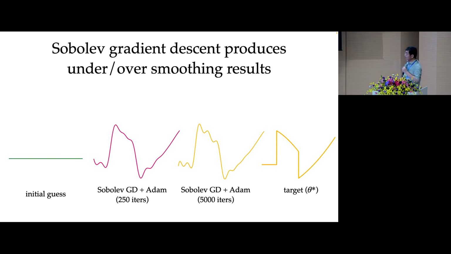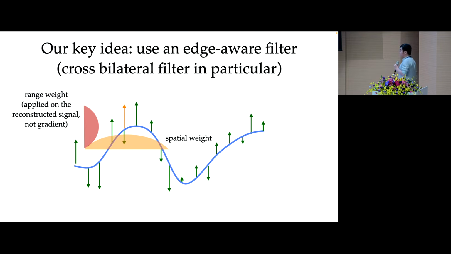But if you actually try this on our signal, you'll see ringing artifacts because it over-smooths over the sharp corners of our target. So it is spatially smooth, but not spatially smooth everywhere. That's a problem: you either under-smooth or over-smooth the results. Our twist to this very classical optimization algorithm is that we instead use an edge-aware filter. These are filters that not only have a spatial weight, but also something called the range weight.